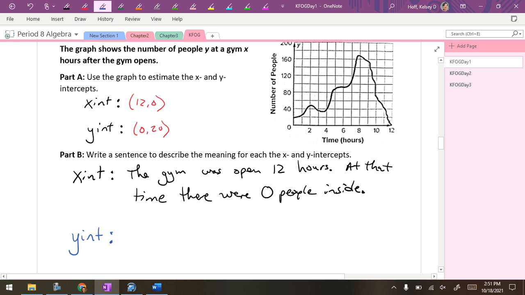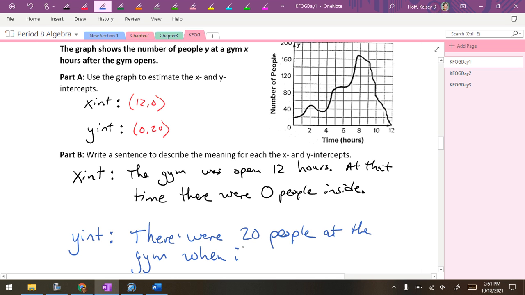It's just opening. There were 20 people at the gym when it opened. Once you write that, set your pencil down.